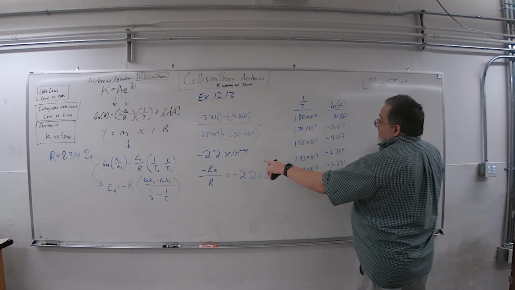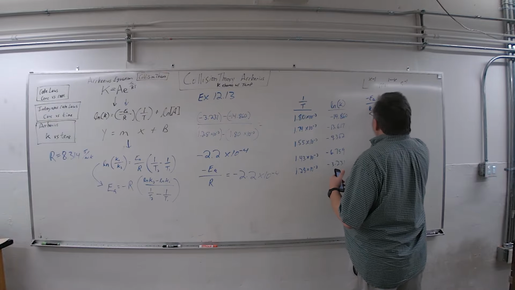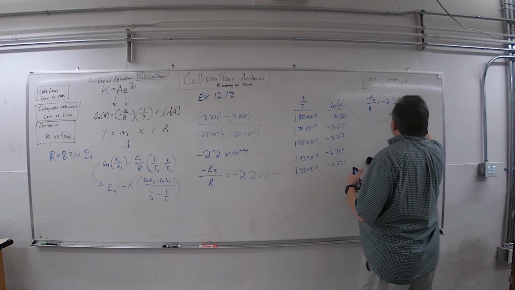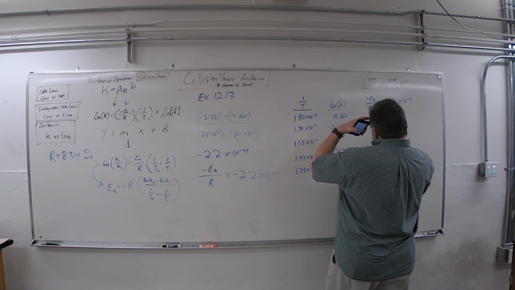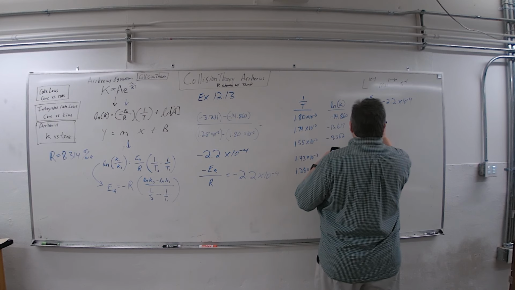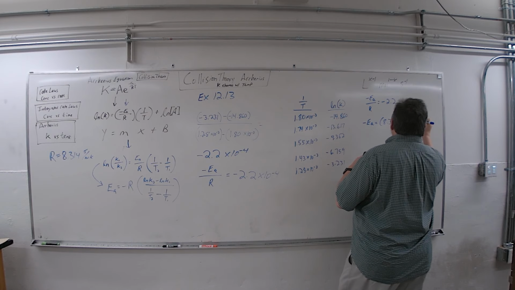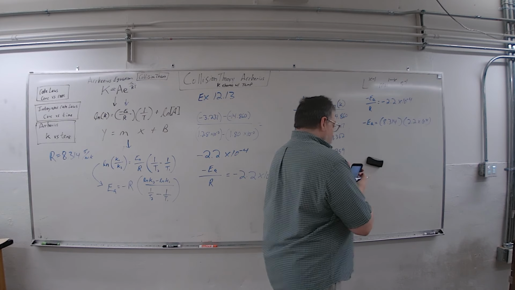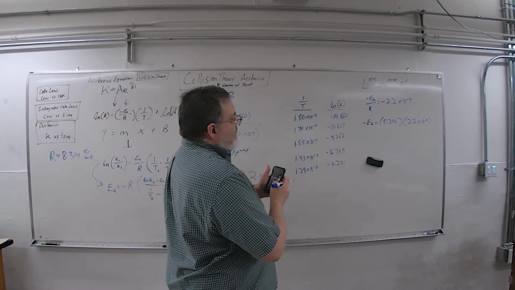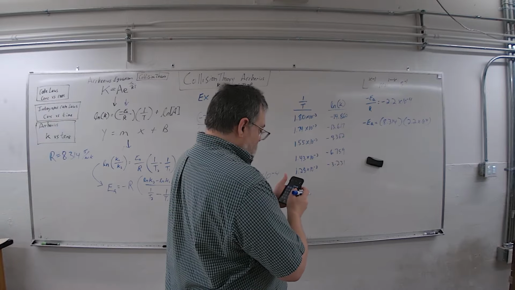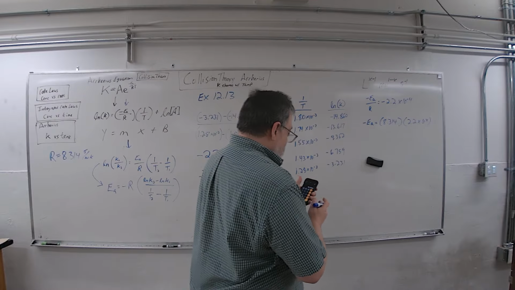Solve that tedious math and you get negative 2.2, and then you've got R equals 8.314. So multiply both sides by that.